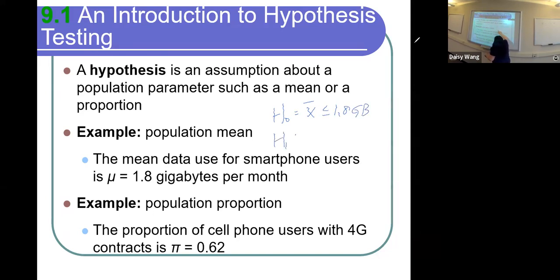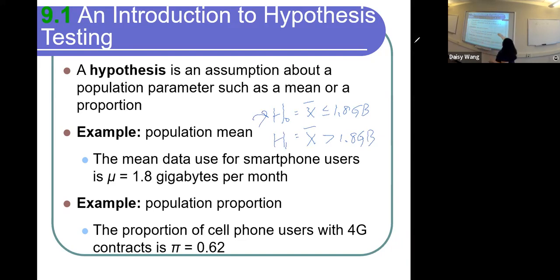And then this hypothesis is the alternative hypothesis. I think teenagers use more than 1.8. So we actually need to test this. And if we can say it's not in that range, we say, okay, that's true, the data is not in that range. So we can reject this.